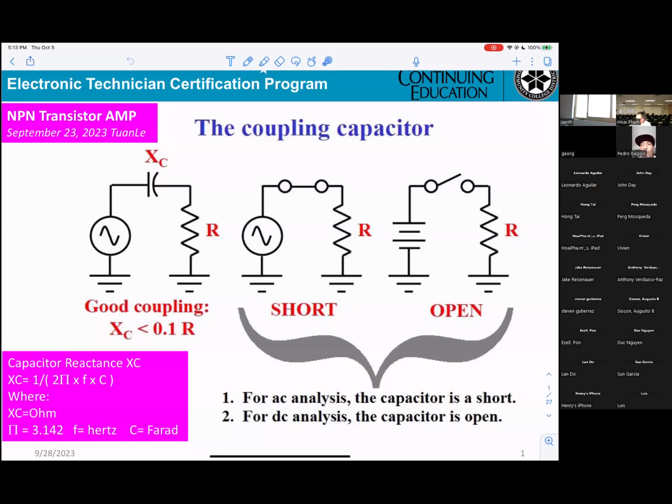And if you're looking in here, capacitor reactance XC equals 1 over 2 pi times F times C, where XC will be in ohm, pi is 3.142, F will be in hertz, and C will be in farad.